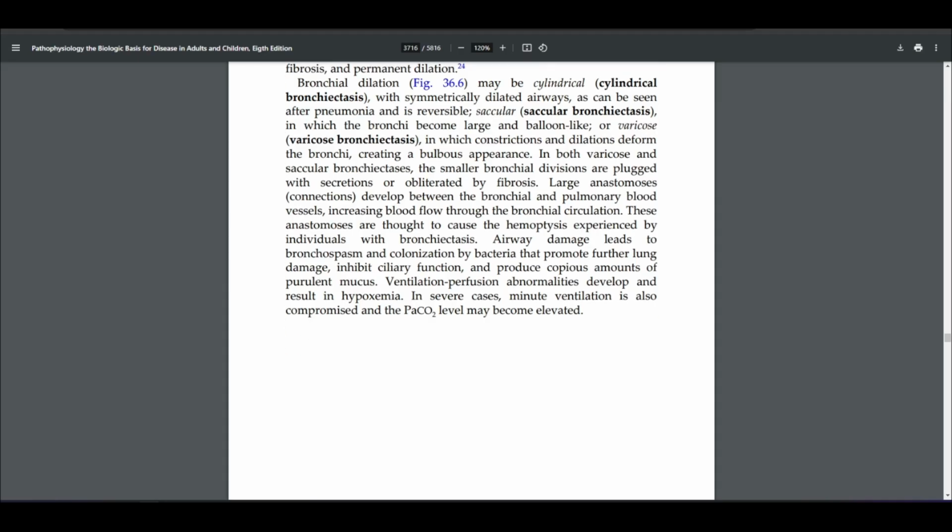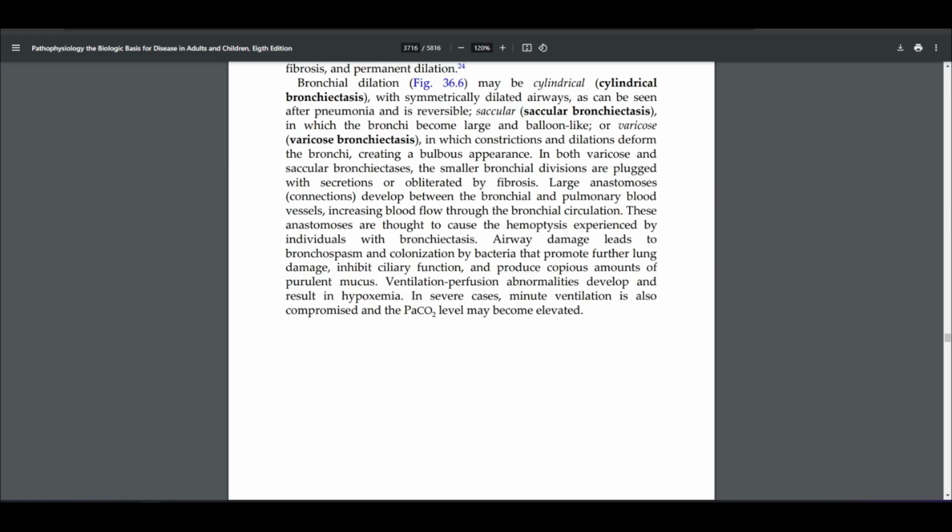dilation. Bronchial dilation may be cylindrical, with symmetrically dilated airways, as can be seen after pneumonia, and is reversible. Saccular bronchiectasis, in which the bronchi become large and balloon-like, or varicose, in which the constrictions and dilations deform the bronchi, creating a bulbous appearance.